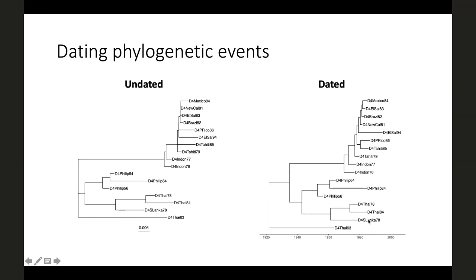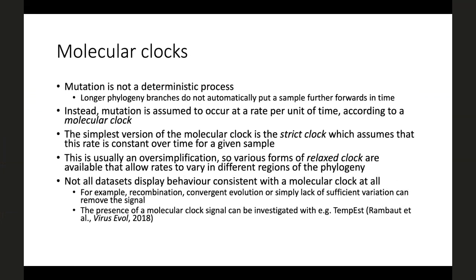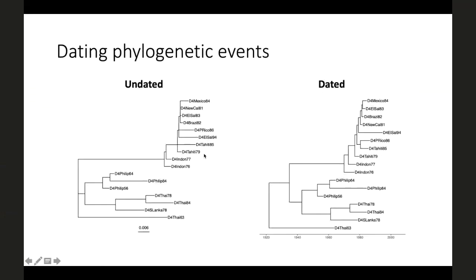It's taken those dates and fit the tree so that it fits there, and looked at how long the branches should be under calendar time. But mutation is not a deterministic process, so a longer phylogeny branch does not automatically put a sample further forward in time. You can see that again with the 82, 83. 82 is further back in time, further forward in mutations.